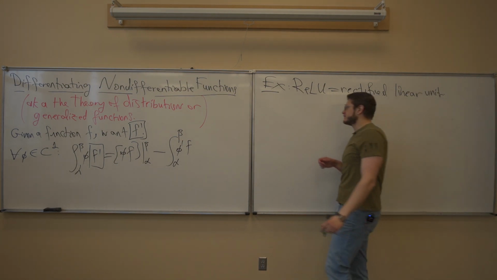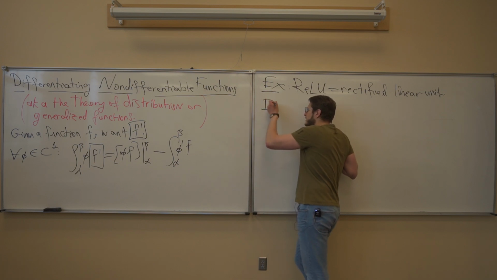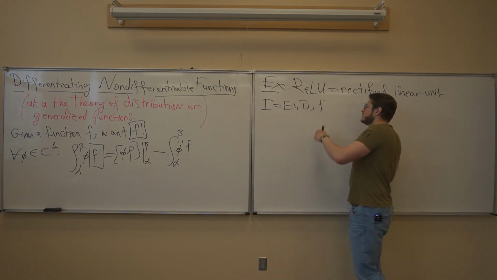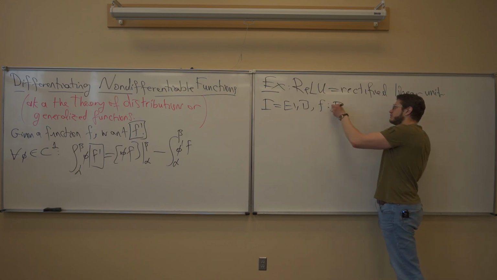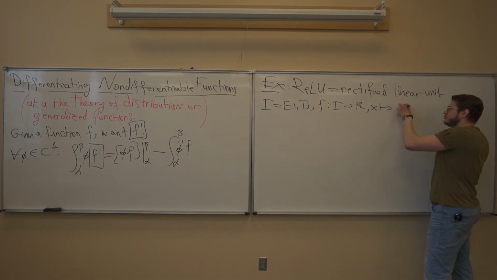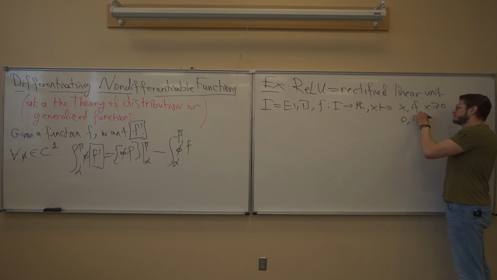And it is defined like this. Let's say my interval is from -1 to 1. And this is defined like so. Take an x, send it to x if x is non-negative and 0 otherwise.